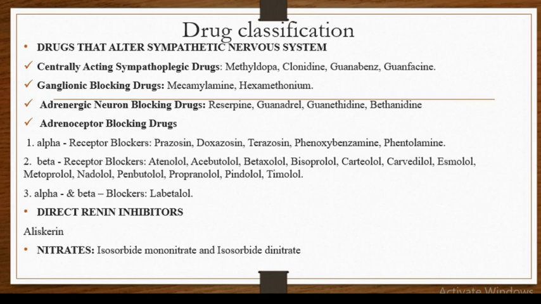Reserpine works by inhibiting the uptake of norepinephrine. Once norepinephrine is not taken up by the storage vesicles, it leads to the depletion of catecholamines as well as serotonin. And so when we don't have catecholamines and serotonin from both the central and peripheral terminals of the axons, it leads to a decrease in the heart rate as well as a decrease in the force of contraction of the heart.